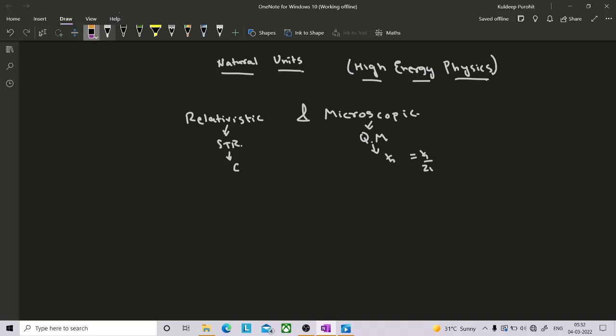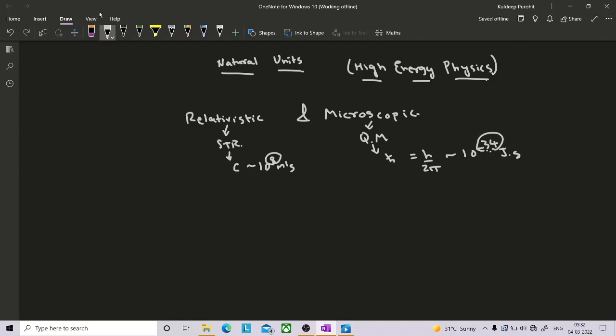Now the problem with these two constants is that c is of the order of 10 to the power 8 meter per second, and h bar is of the order of 10 to the power minus 34 joule seconds. So these two constants always come with a very huge exponent.